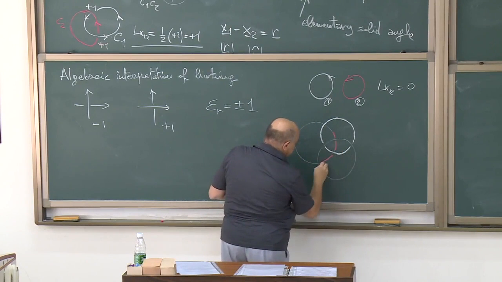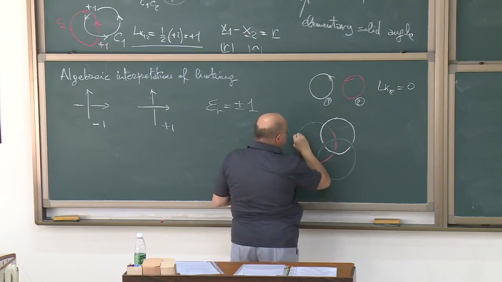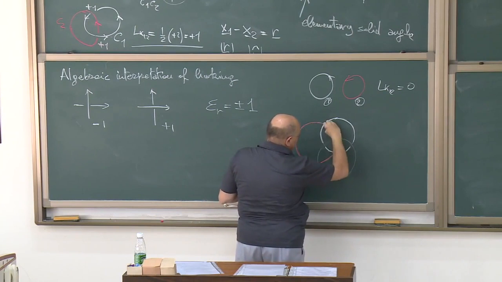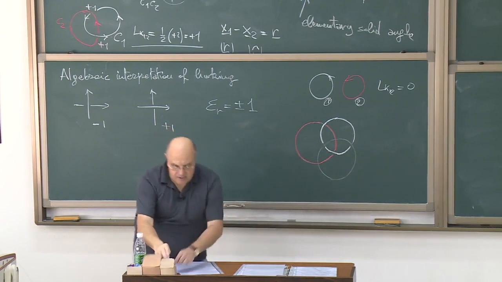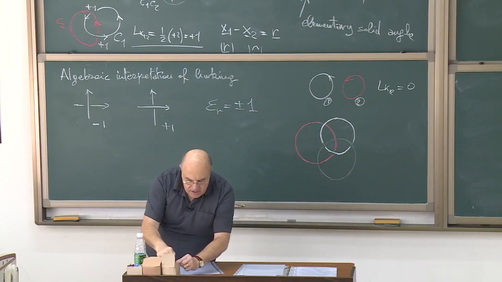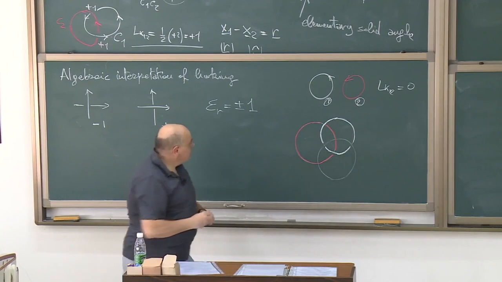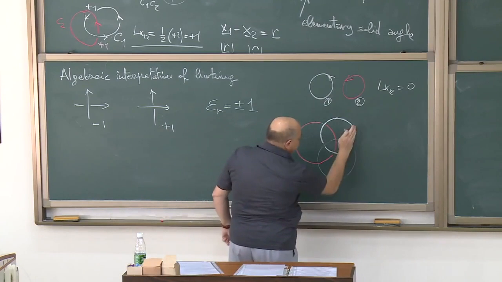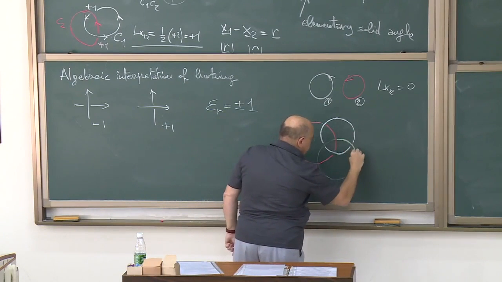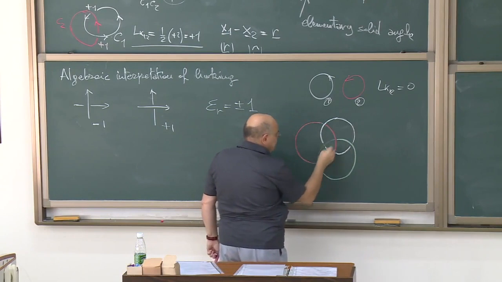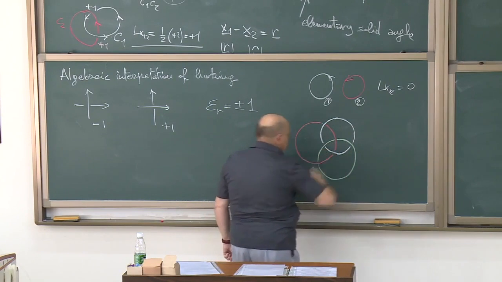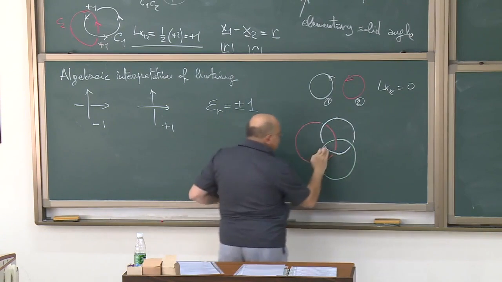Oh, above, sorry. Okay? And then the third one is, let's say, green, maybe, above this one. So you would go like this and like this. Now you have the Borromean rings.